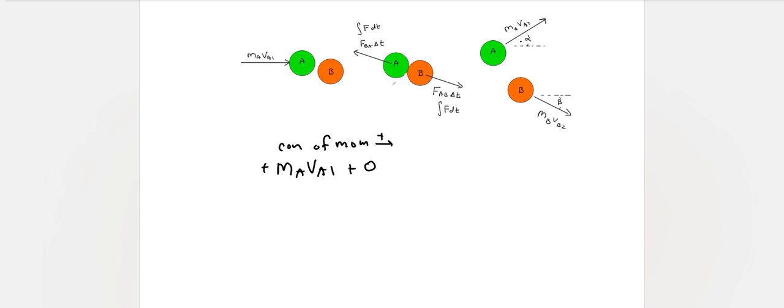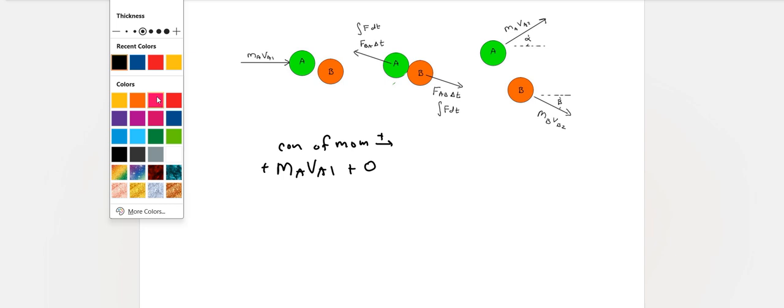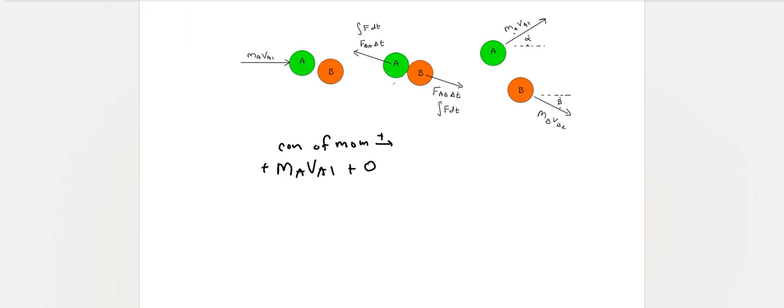Now let's look at the momentums in this picture. Again, remember, momentum is a vector quantity, so you apply it by direction. If I take the MAVA2 and break it into components, this one right here is the x component of that momentum vector, and it is adjacent to the angle alpha.